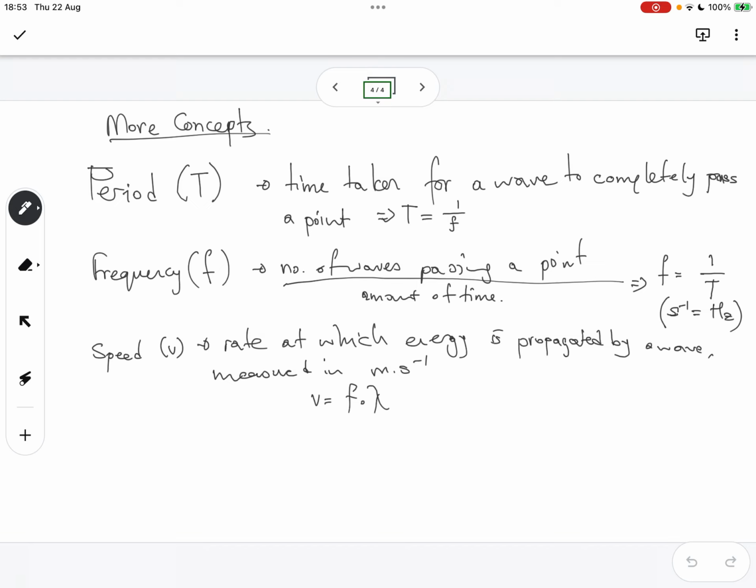So just to analyze these units, this would be meters per second. You use lambda for wavelength. Yes, for wavelength. So this would be inverse seconds, and this would be meters. So of course, when you multiply meters times inverse seconds, you get that unit.